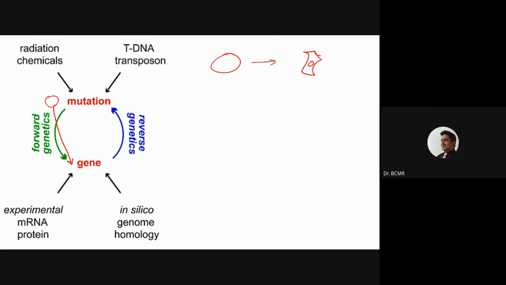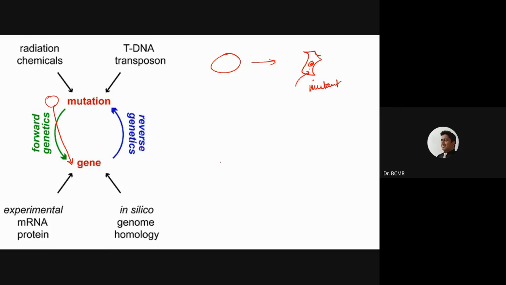Okay, say this is a mutant cell. Now it had this round phenotype, and it is no longer round. This is a mutant. So what caused this mutant is what we are supposed to find. What genetic element caused the loss of the round phenotype is one of the approaches, isn't it?